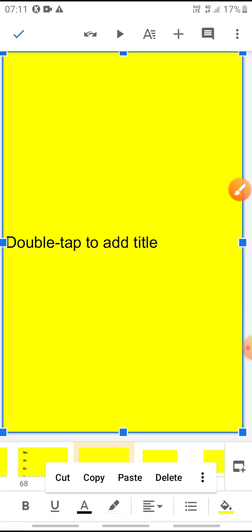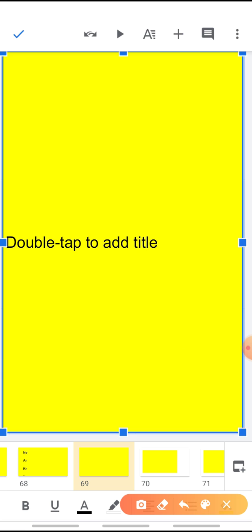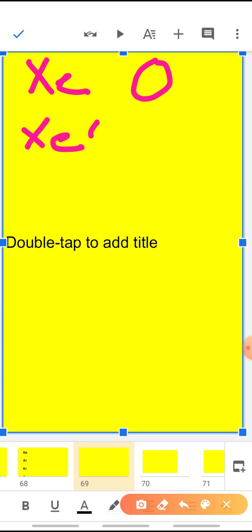Next comes the compounds between xenon and oxygen. Now, xenon and oxygen compounds are also there. Hydrolysis of xenon fluorides gives XeO3. XeO3 compound is formed.